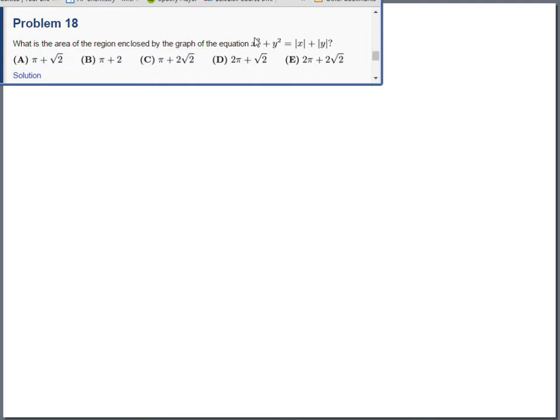So, the most difficult part is knowing that this equation includes the equation of a circle. It's kind of difficult to really understand it, but looking at the answer choices gives you a little bit of a hint that it's some sort of curve.